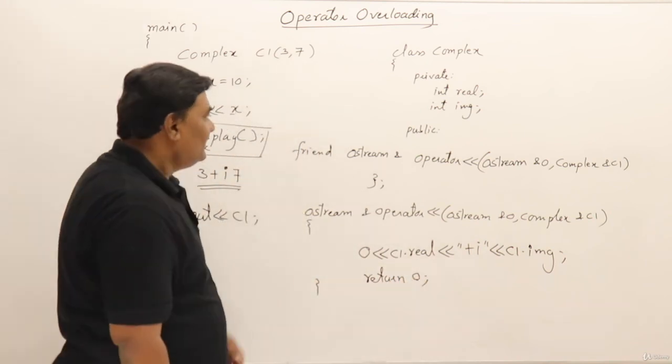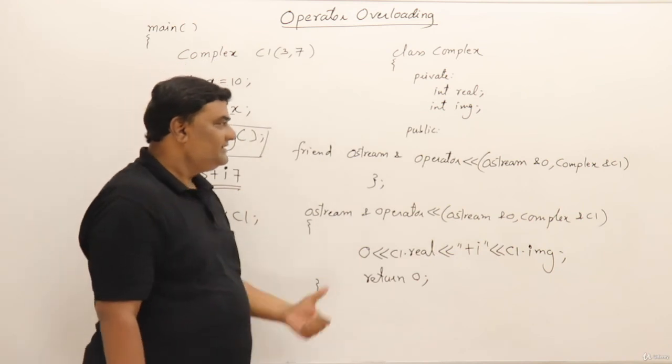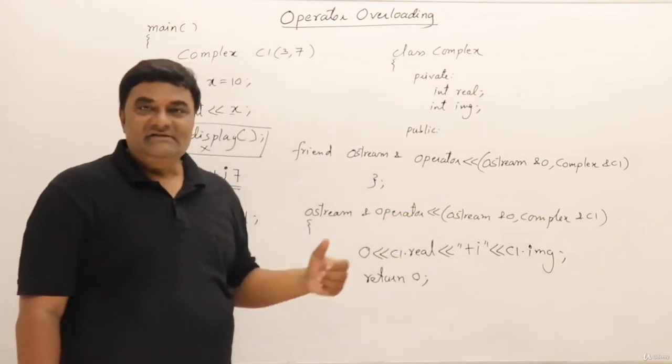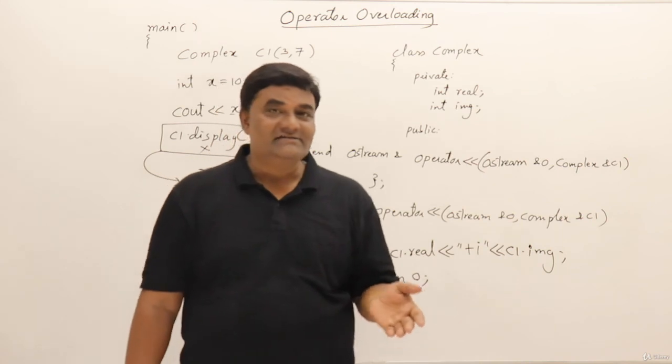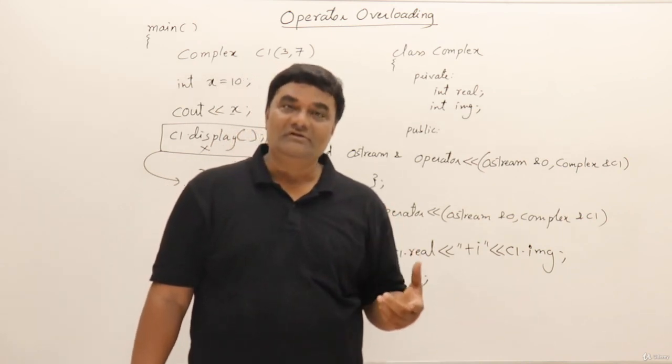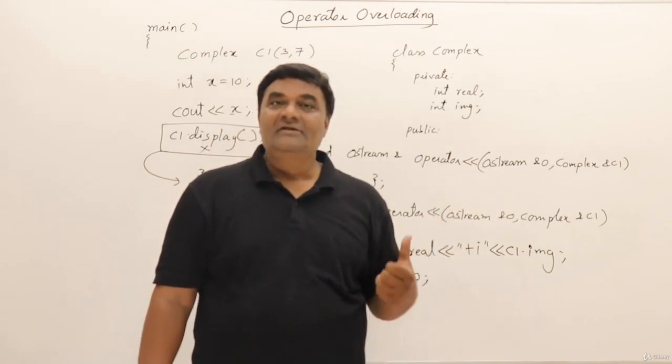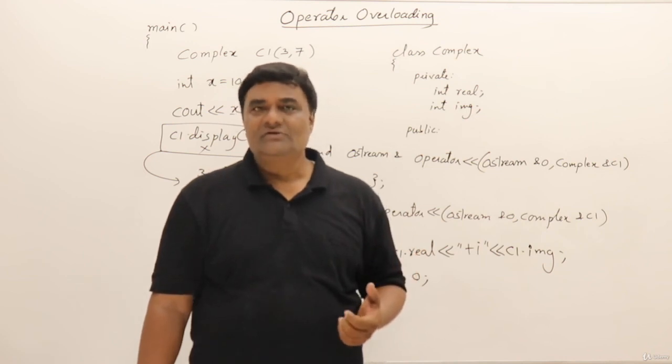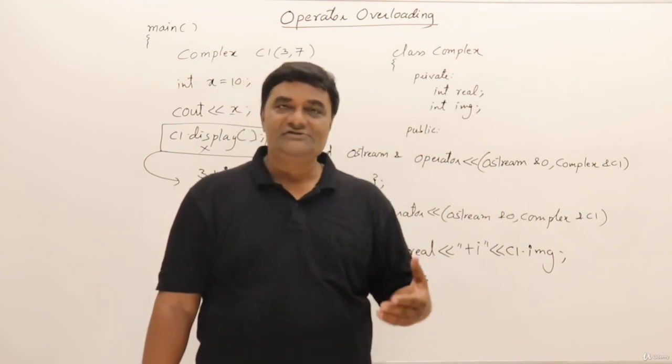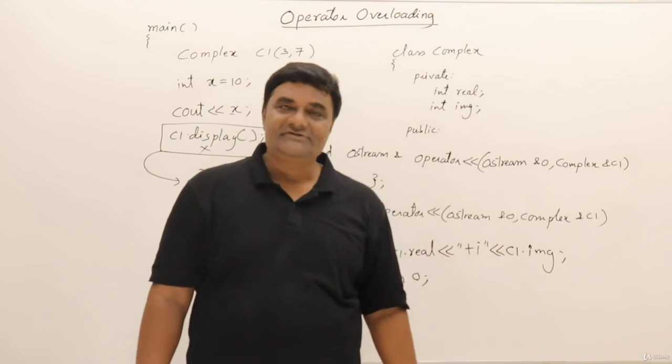That's all. This is how we overload the insertion operator. Insertion as well as extraction operators can be overloaded by implementing friend functions. Let us look at this practically. I will also show you the extraction operator simultaneously.